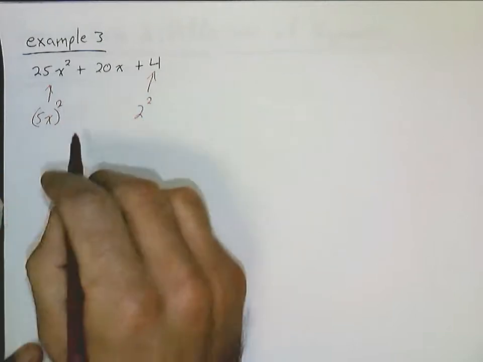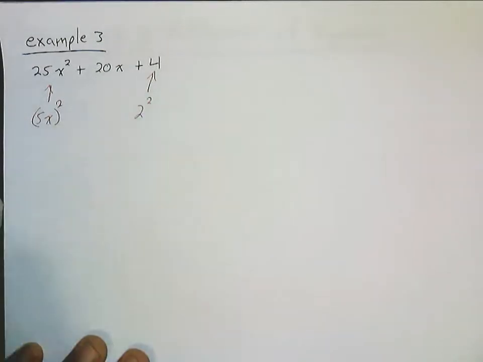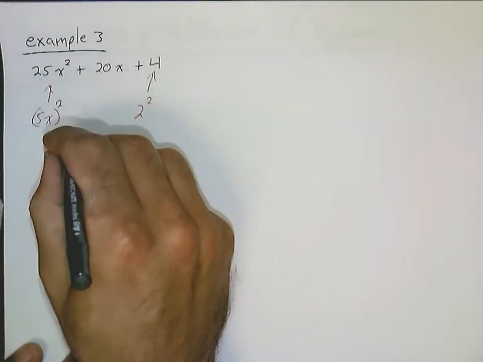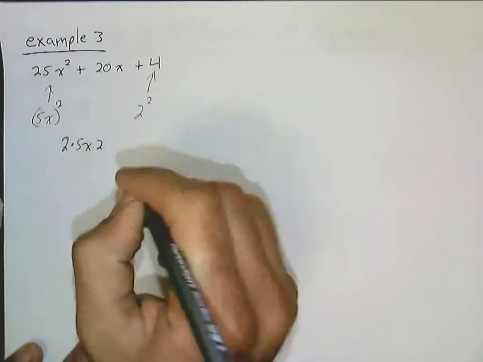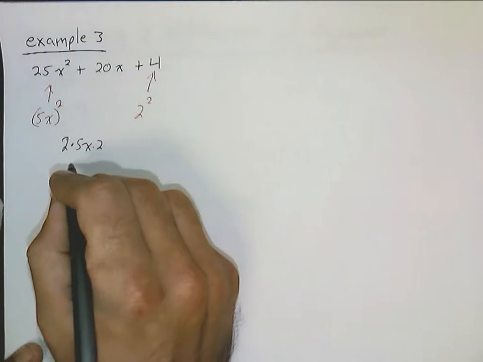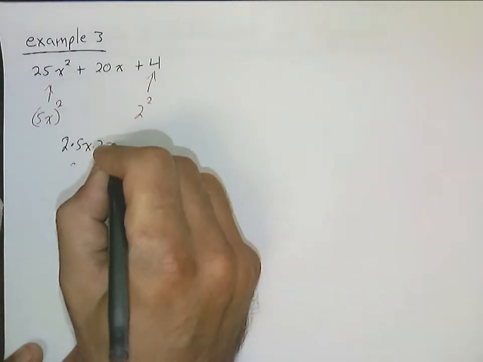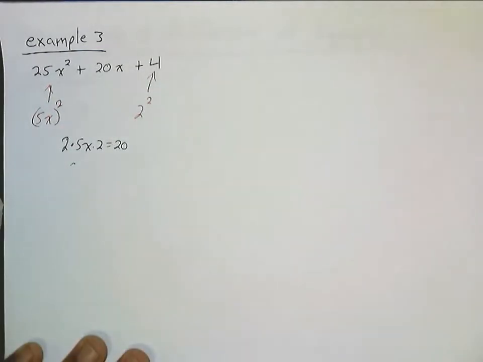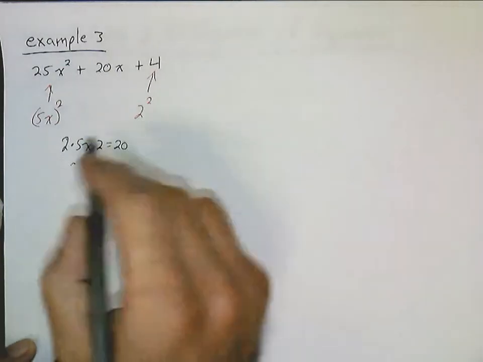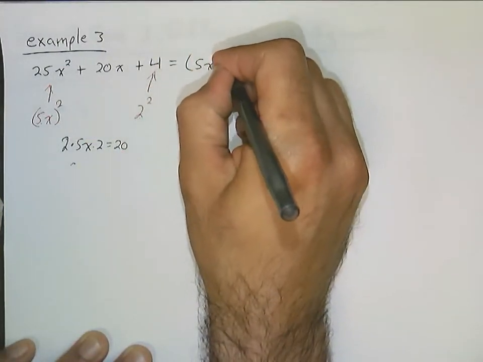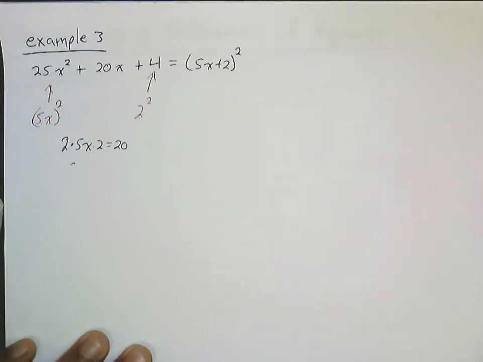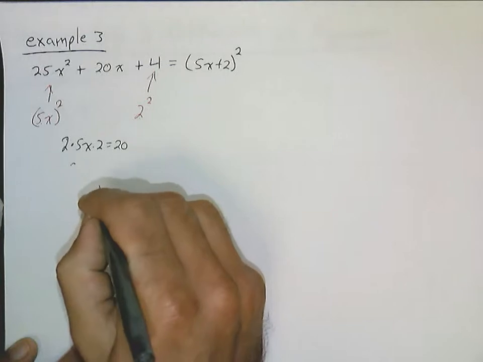This 20x, well, let's see here, 5x times 2, but then 2 times all that becomes 20x, that linear term. So now we know that 5x plus 2 squared is the factored form. And of course we should check that.